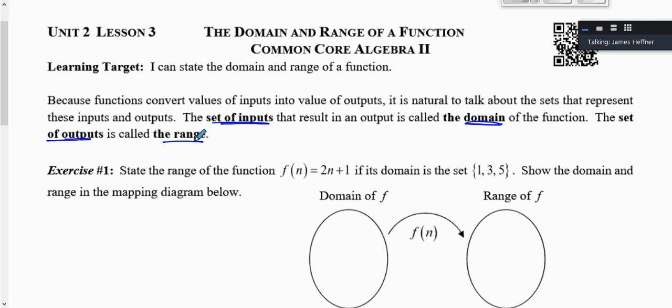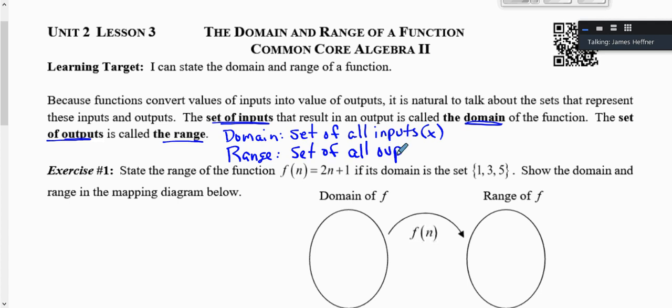So in other words, the domain is the set of all inputs, all possible inputs. And sometimes there's restrictions on that, right? Set of all inputs, or X. And the range is the set of all outputs, or Y values.